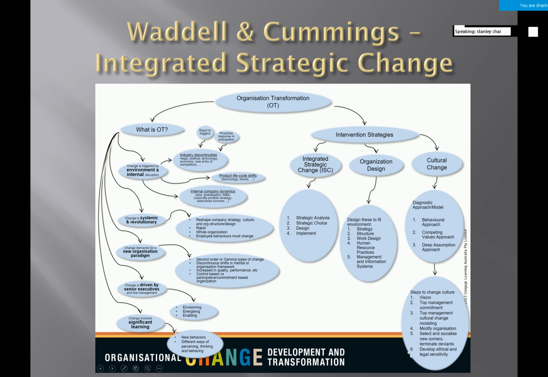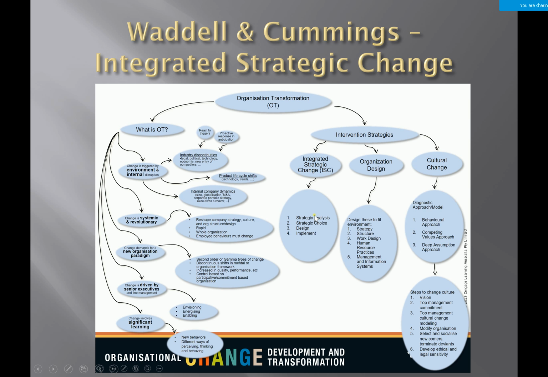So in order for an organization to do transformational change, we say OT, then the intervention strategy consists of so-called ISC, integrated strategic change. It consists of organization design, which is structural change, and cultural change.